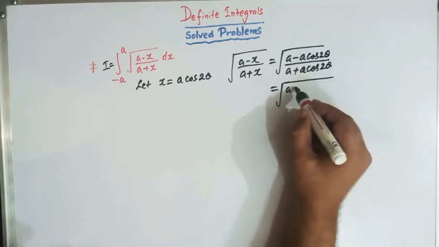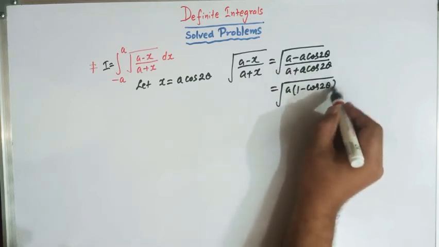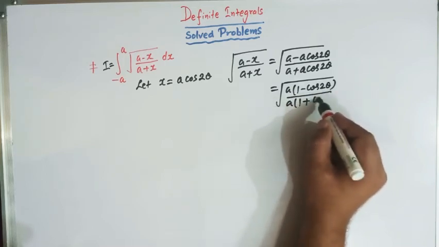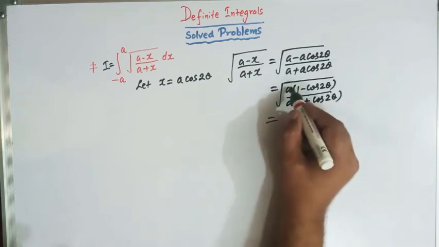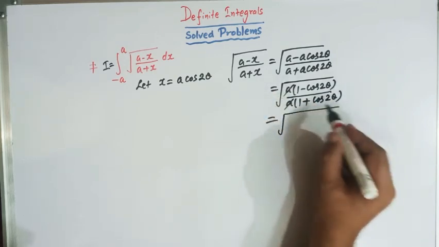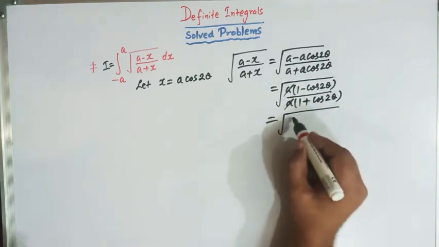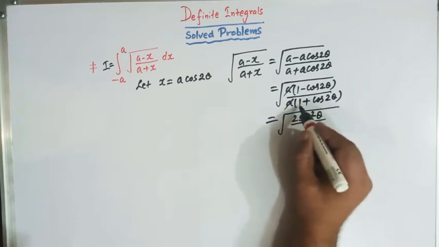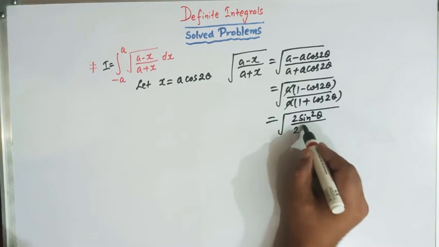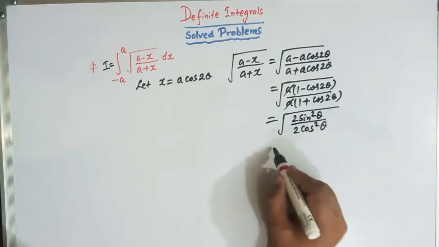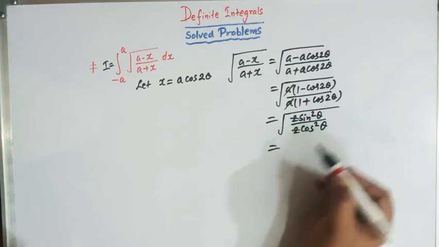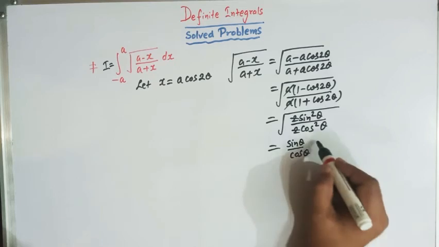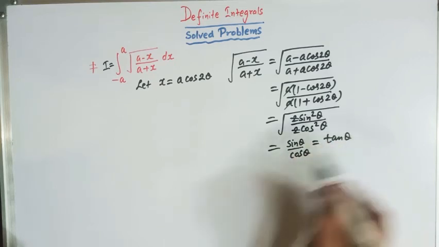Taking a common, we have (1 − cos 2θ)/(1 + cos 2θ). Now a and a get cancelled, so 1 − cos 2θ is 2 sin²θ, and 1 + cos 2θ is 2 cos²θ. 2 and 2 get cancelled, so we have sin θ over cos θ, that is equal to tan θ.